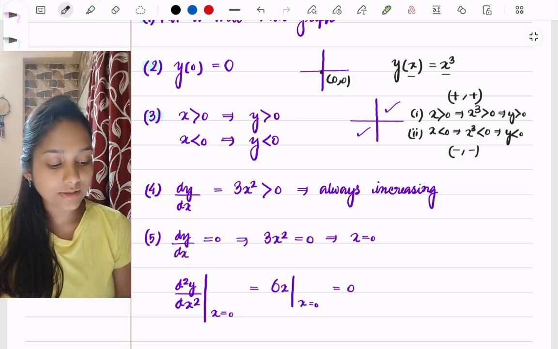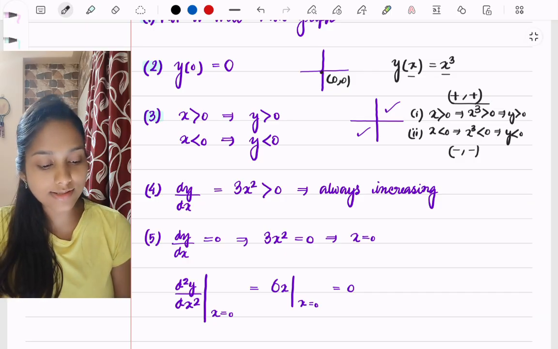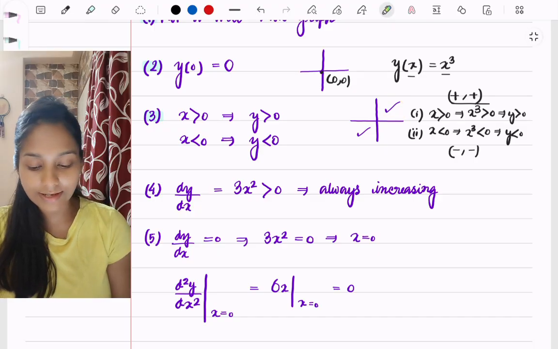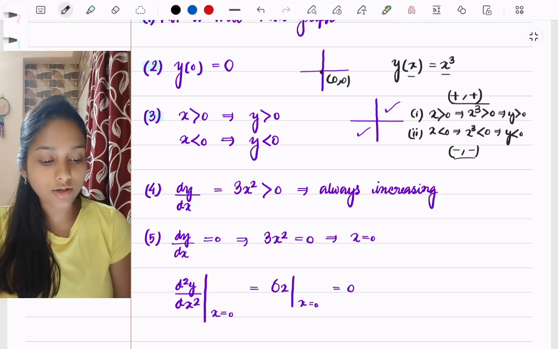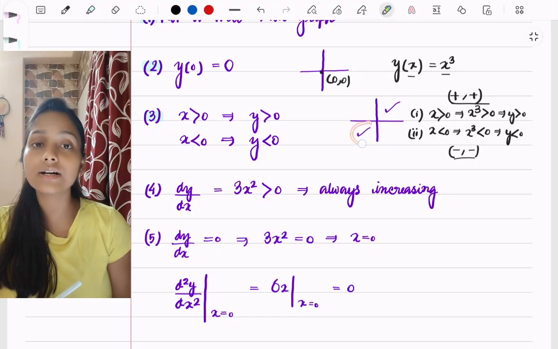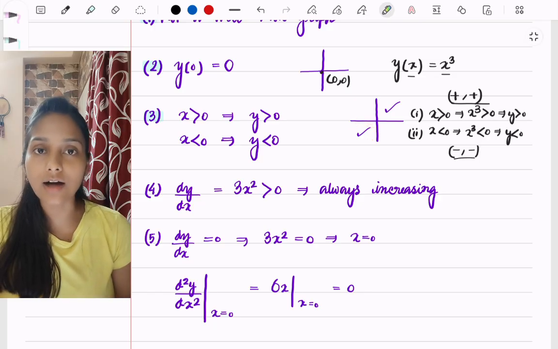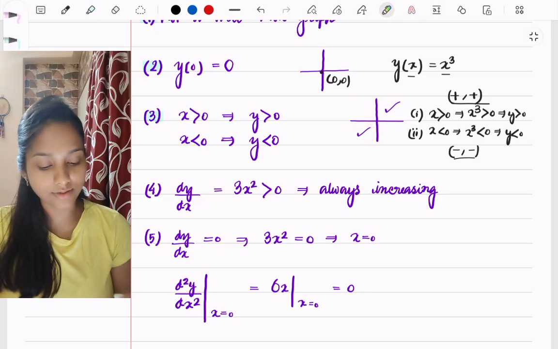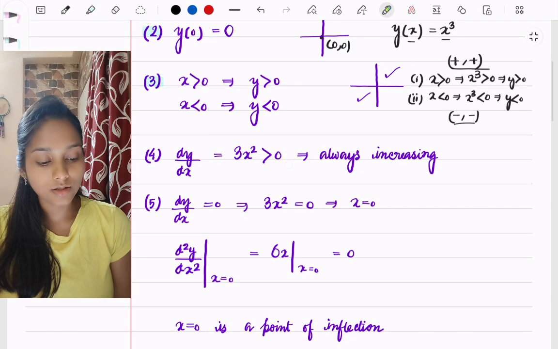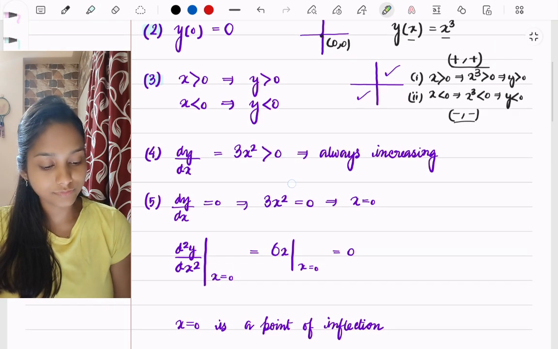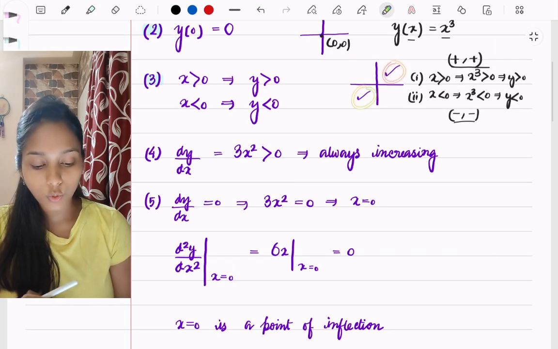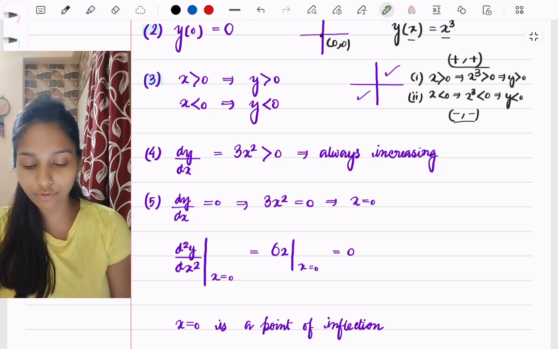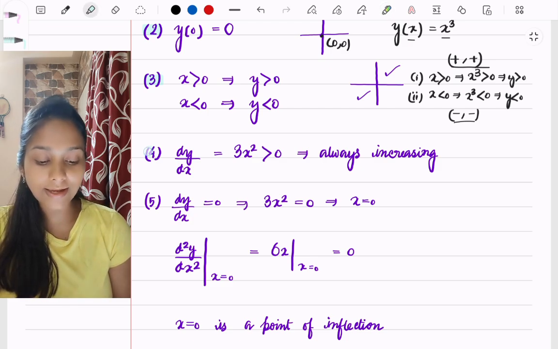The positive case occurs in the first quadrant, and the negative case occurs in the third quadrant. So this graph must be in the first and the third quadrant, here and here.